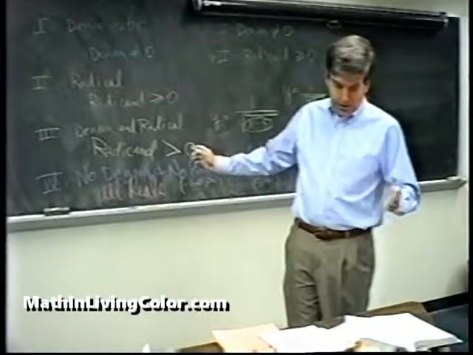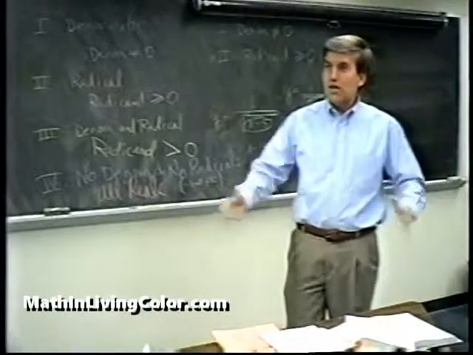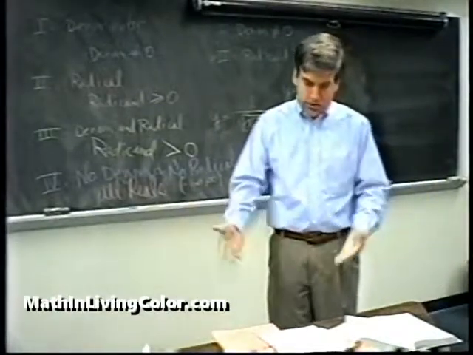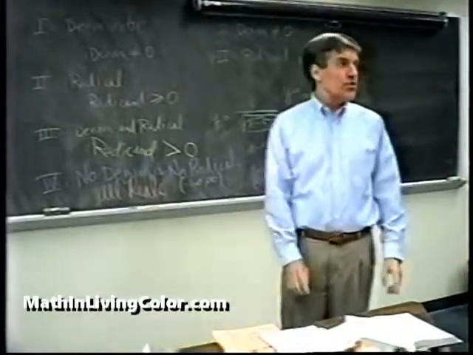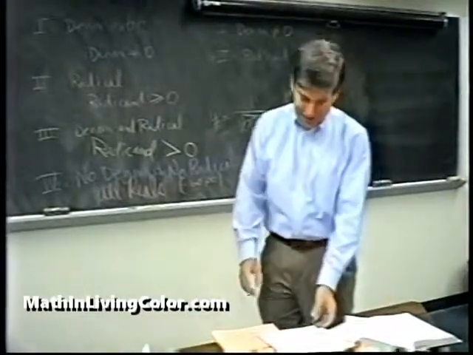And what about 13, 14, 15, and 16? No restrictions. There are no radicals, no denominators in any of 13, 14, 15, and 16. So the answer is automatically all real numbers. Which would you like to have a lot of on the test? 13 and 14.